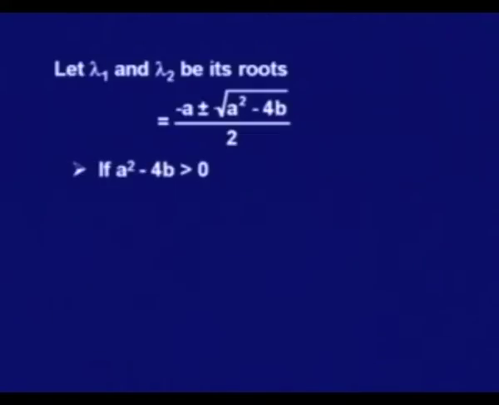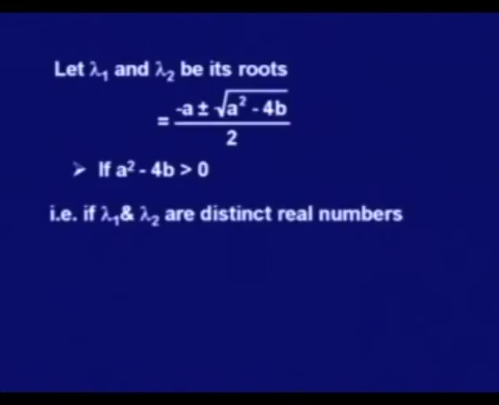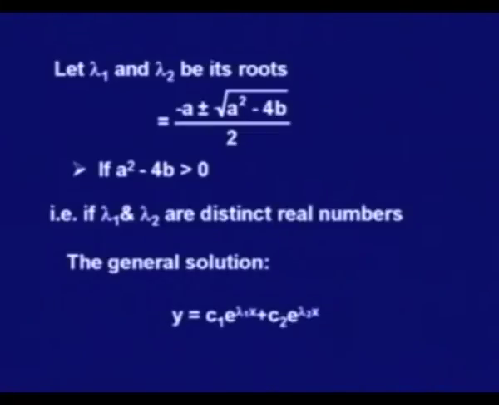So, in case a square minus 4b is positive, the two roots lambda 1 and lambda 2 would be two distinct real numbers, and the general solution would be c 1 e to the power lambda 1 x plus c 2 times e to the power lambda 2 x, where lambda 1 is minus a plus square root of a square minus 4b by 2 and lambda 2 is minus a minus square root of a square minus 4b by 2.